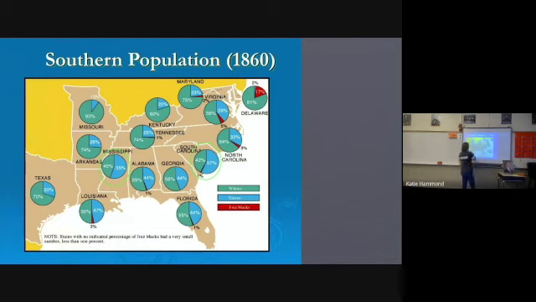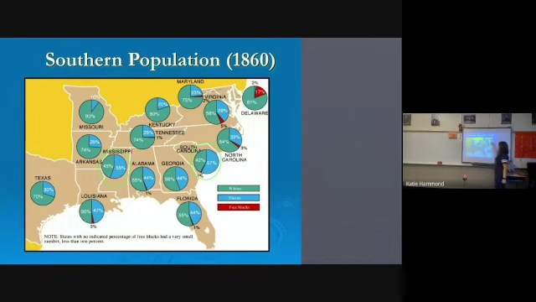In Mississippi, 55% of the population were slaves, and in South Carolina, 57% were slaves. Now, in a lot of places it's almost even, like 55, 45. That's how it is in Florida, Georgia, Alabama. It's very close.